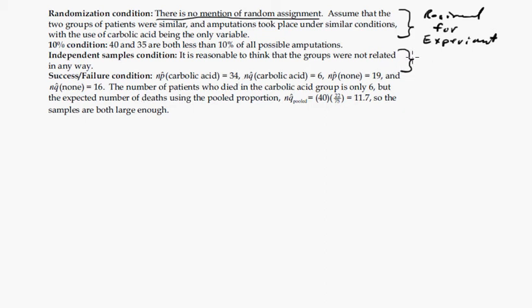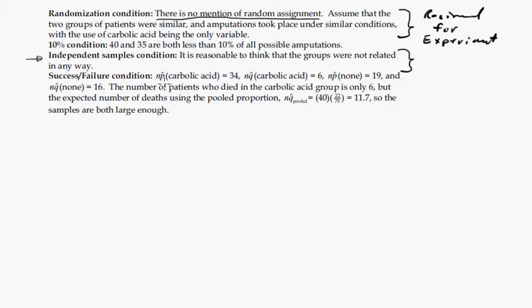But if these were people who just came off of a battle scene, maybe their wounds were similar in some way that made them not independent. But I think in general, people's body chemistry and how they get infections are different. So anyway, we're going to have to live with this assumption for now. That's the best we can do.